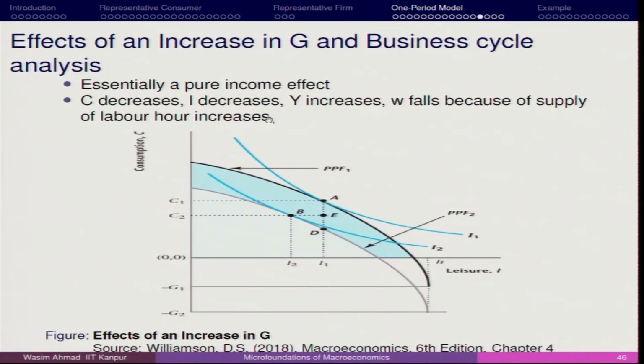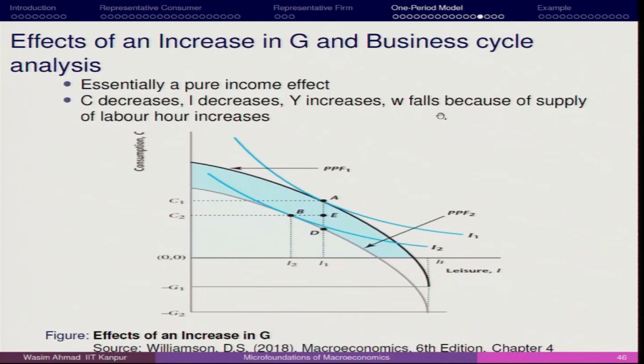So, from the business cycle perspective, what is common here? When you have an increase in government expenditure, Y increases, but consumption and leisure fall. With the increase in Y, N is also increasing because W falls.